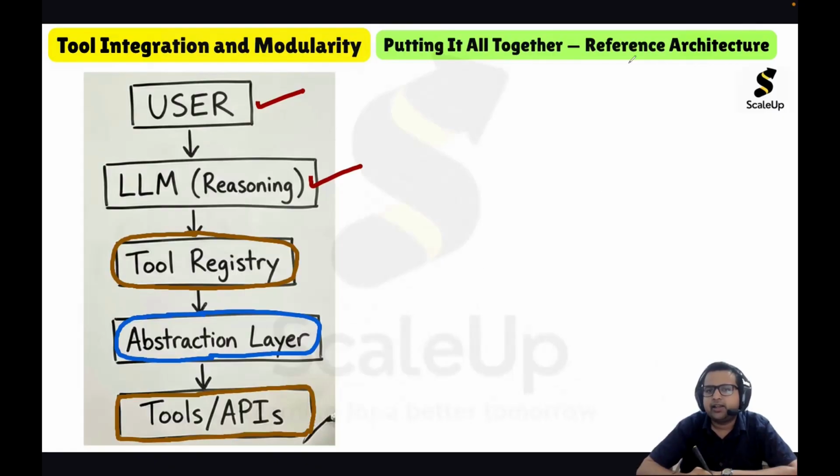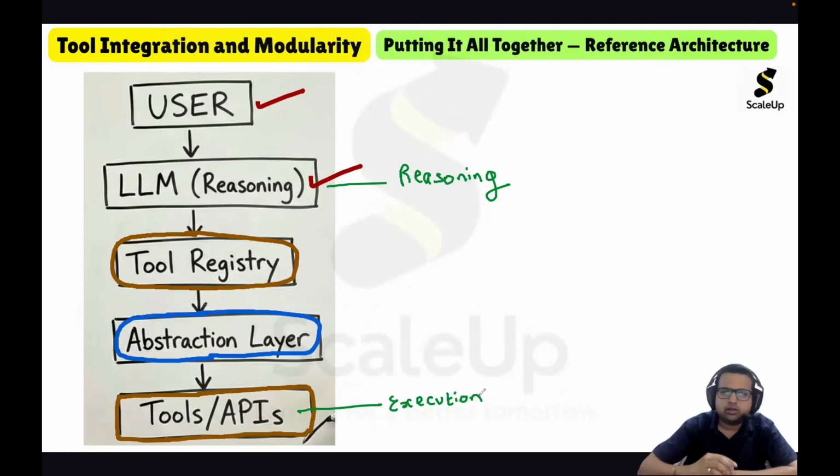And here we are able to achieve a clear separation between the reasoning and the execution. Reasoning is taken care of by the large language model, and the tools will take care of the execution. The idea is that these tools are plug and play, they're swappable.